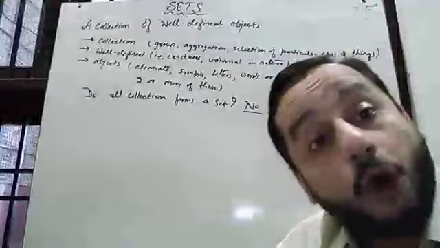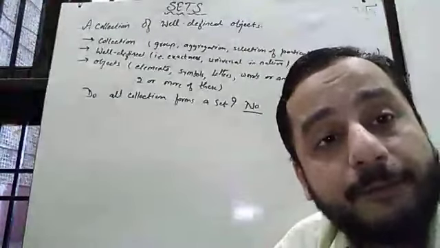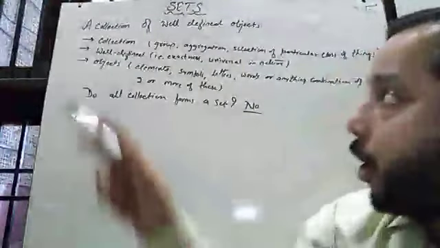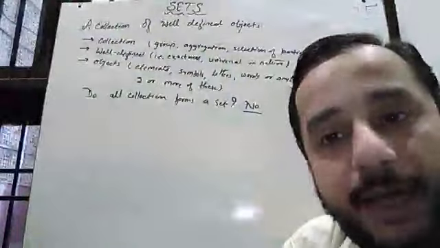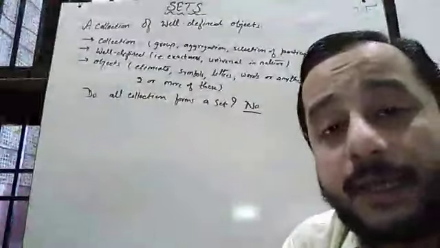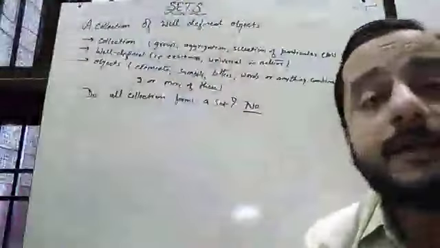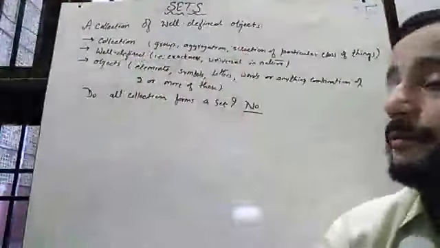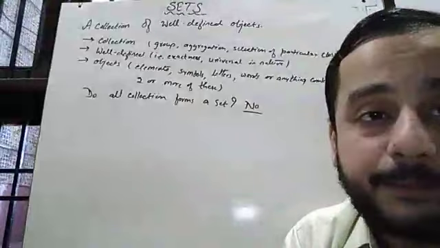The object, the prime number itself, forms the object, and therefore all three conditions of this definition are satisfied, and we can say the collection of well-defined objects forms a set.